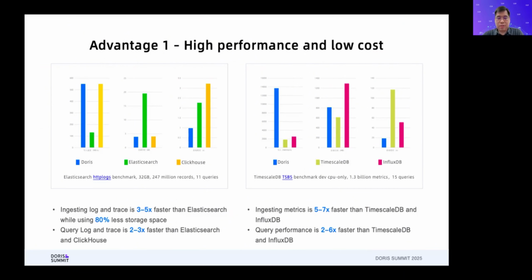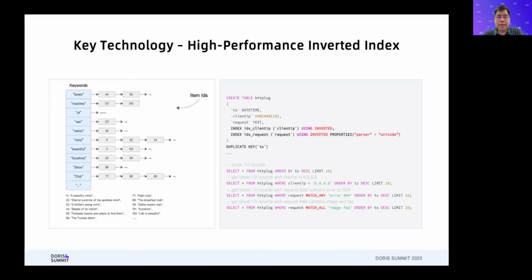Okay, let's go into detail about the technologies behind the high performance of Doris. The first one I want to mention is the high performance inverted index. Elasticsearch is famous for its search performance and inverted index, and the secret is its inverted index based on Apache Lucene.